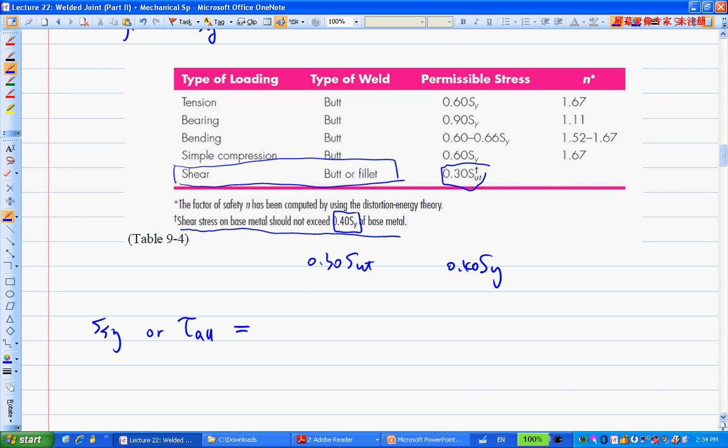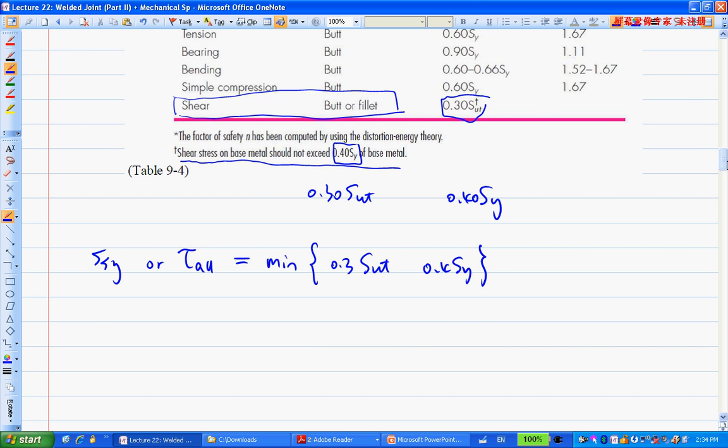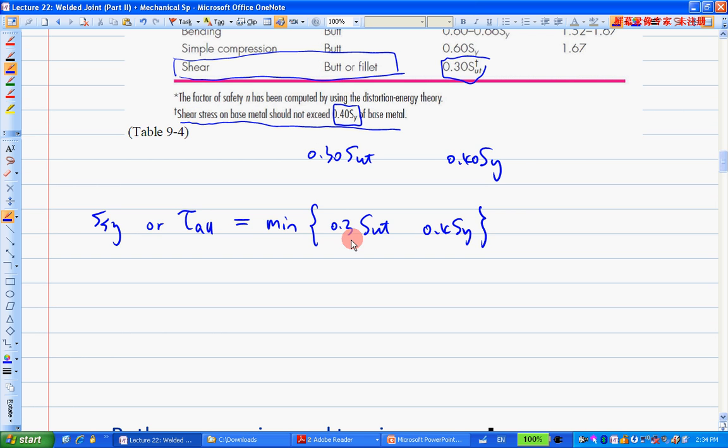That's going to be equal to the mean value of 0.3 SUT and 0.4 SY. If we're going to analyze the whole weld joint, everywhere, we want to make sure of safety everywhere at the welded joint, not just the weld group, not just the fusing area. So we calculate the strength this way.